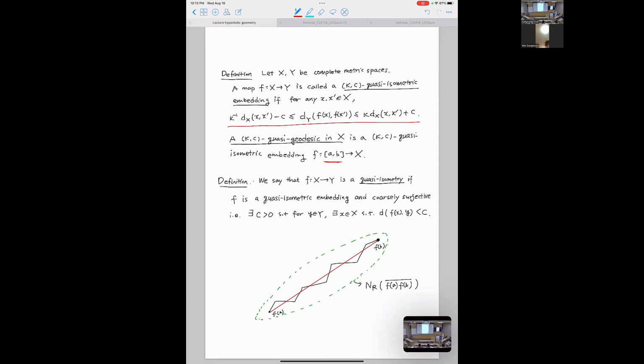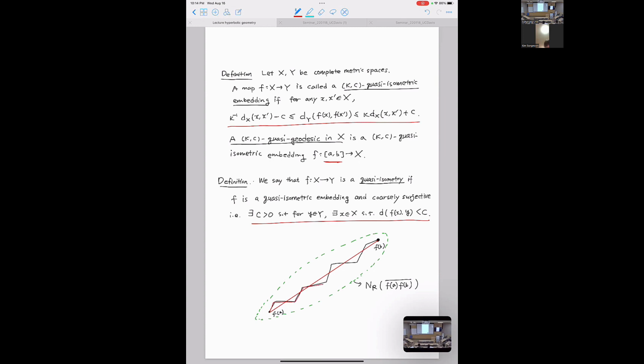Moreover, if f is a quasi-isometric embedding and coarsely surjective, where coarsely surjective means the image is C-dense in Y, satisfying this condition, then we say that f is a quasi-isometry. Quasi-isometric embeddings, quasi-geodesics and quasi-isometries are very important in the study of Gromov hyperbolic spaces. Here is a picture.